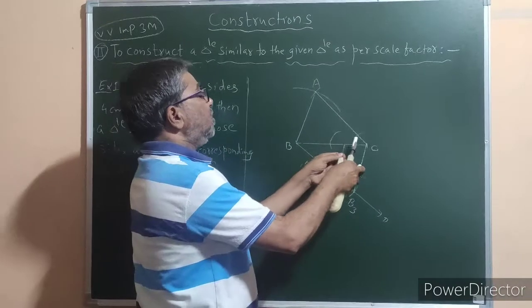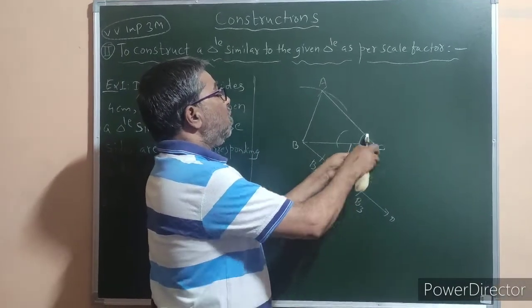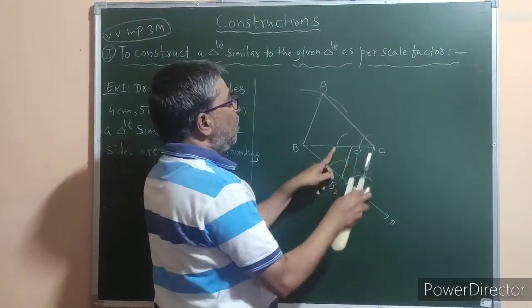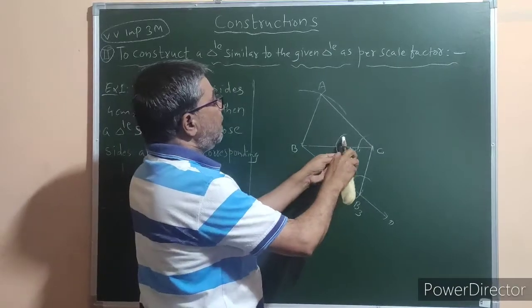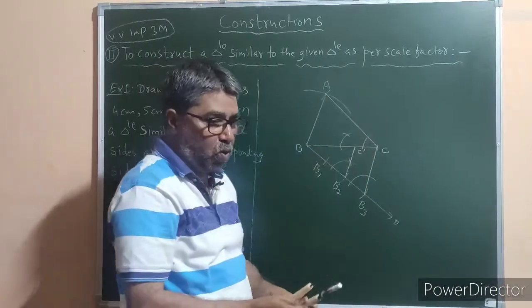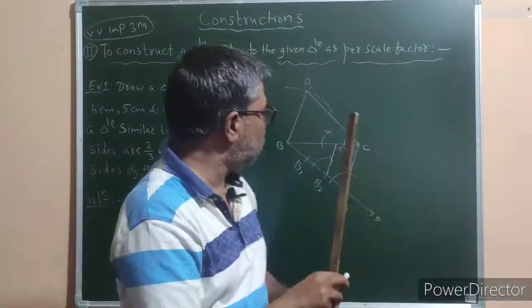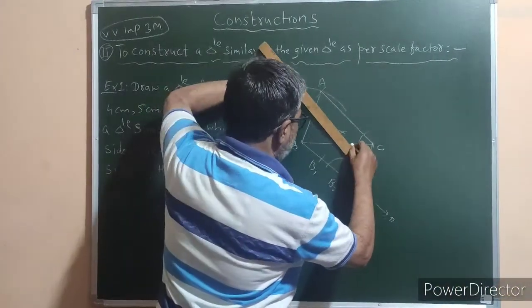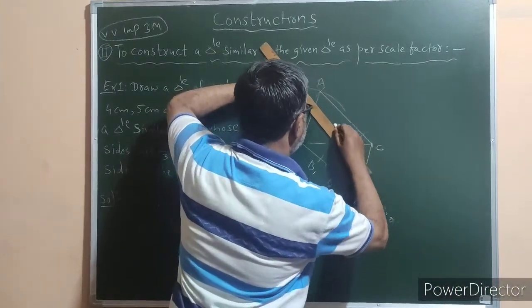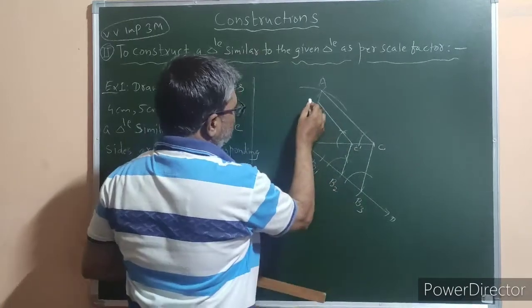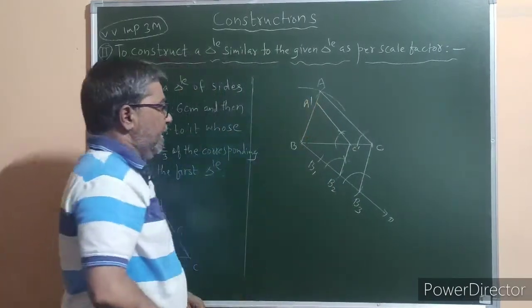Now taking the distance in between these two points, assuming this point as center, cutting the arc to get a point, draw a line passing through C dash and that point and extend it up to AB to get one point on AB as A dash.